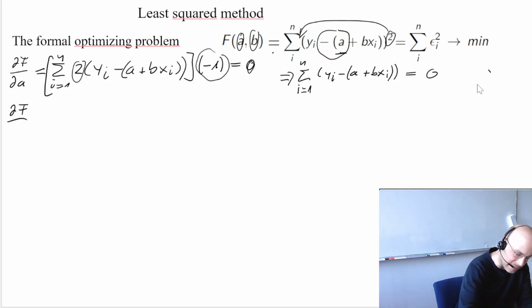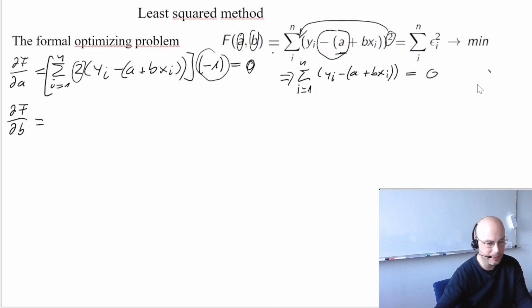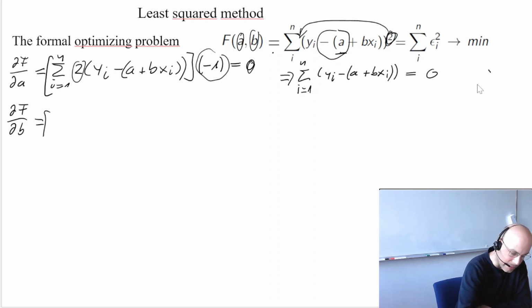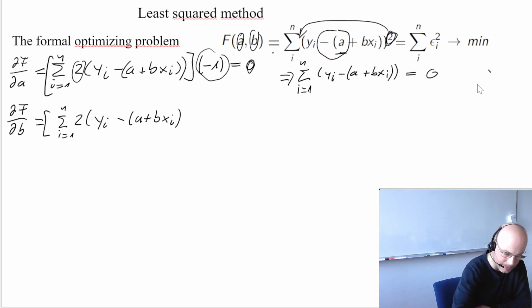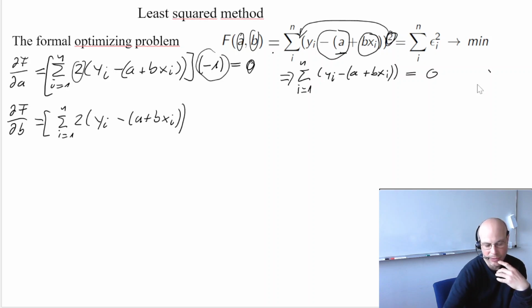And if we take df with respect to b, then again we have this outer derivative: sum i from 1 to n, 2 times yi minus a plus b xi. But now we have this function, b times xi, with respect to b. What is the first derivative?